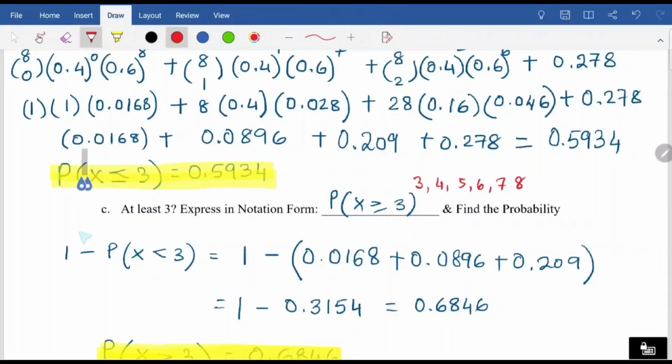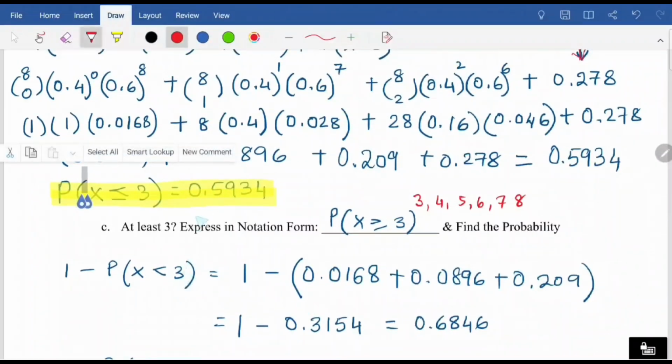All right. So all I did was 1 minus the probability of x less than 3. So that's, we've already calculated probability of x equals 0, probability of x equals 1, probability of x equals 2, less than 3 stops at 2, right?